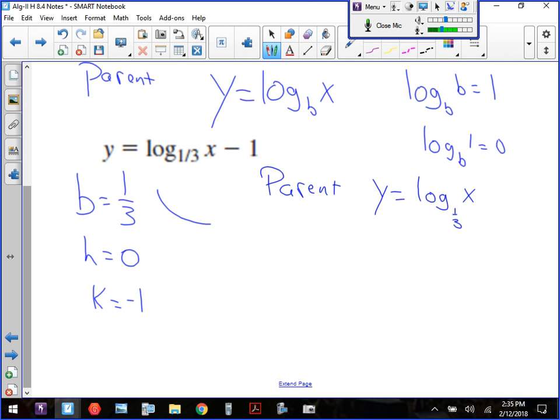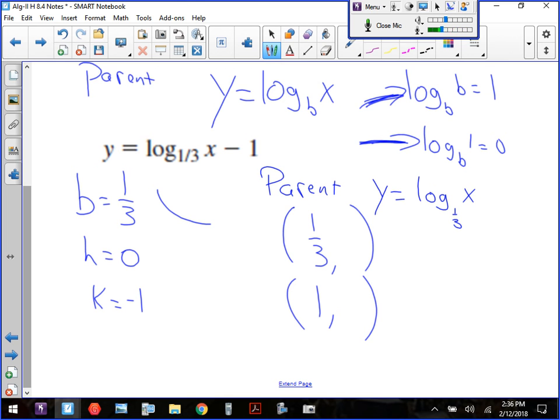Which means then I'm going to use these 2 properties to generate ordered pairs. One of my values of x is going to be whatever my base is, and my other value of x that I'm substituting is going to be 1. What's the base of this problem? 1/3. So my parent graph is going to have an ordered pair at 1/3, and another parent graph ordered pair at 1. I know that right away because of these 2 properties.